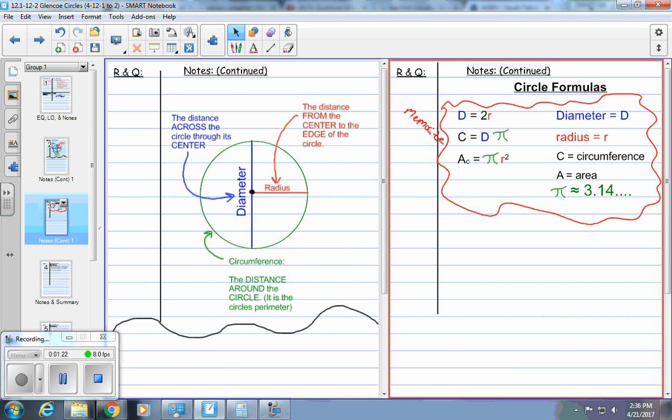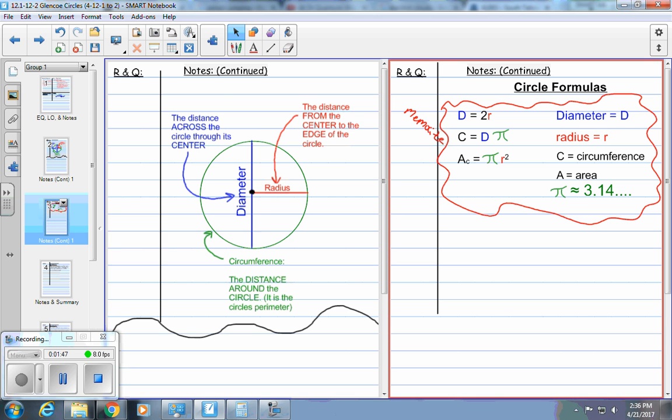Okay, so the blue word, the diameter, that is the distance across the circle going through its center. The R word, or the radius, is the distance from the center of the circle to its edge. And the radius is the same no matter where we make that measurement. We can rotate our circle around, but that radius won't be changing, nor will the diameter, because they're always going through the center of the circle.